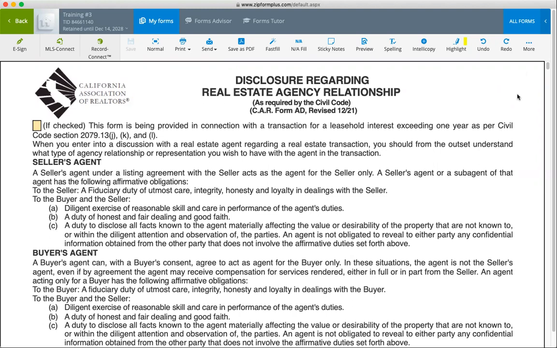The RPA is bundled with a number of other documents that are essential to have when you are filling out an RPA. And the number one essential document in our business really is this disclosure regarding real estate agency relationships, called the AD.